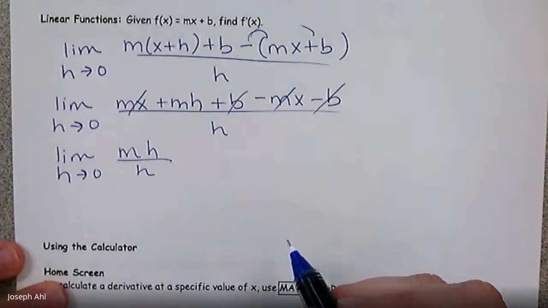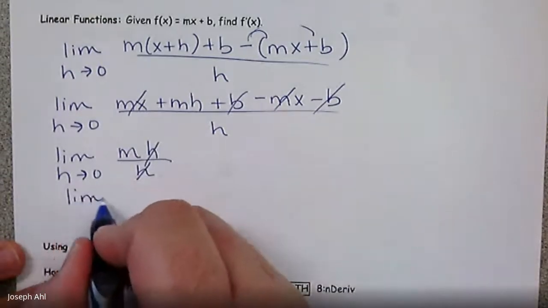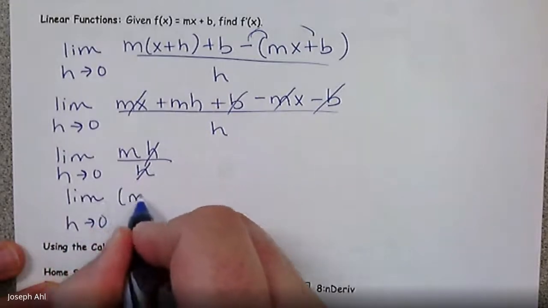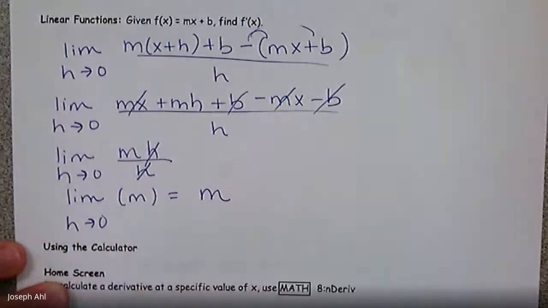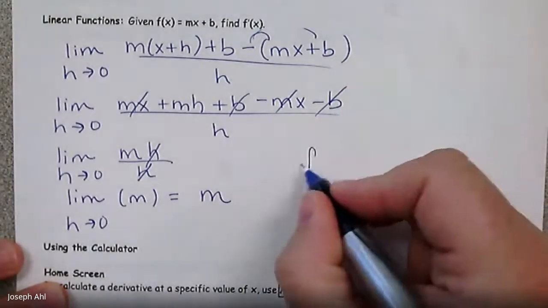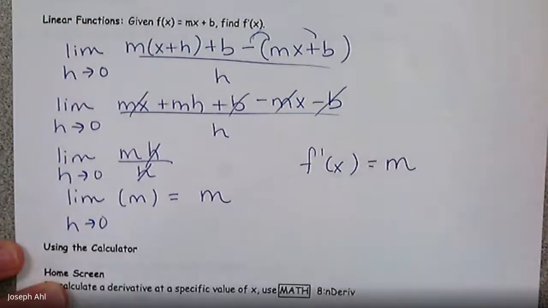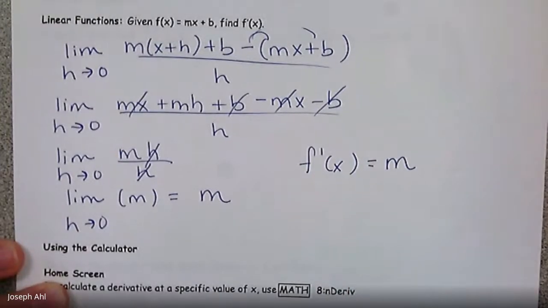Don't plug in 0 yet for h, right? Definitely cancel those h's top to bottom. Well, the limit as h goes to 0 of m is m. That's it. So what have we just proven here? That the derivative at any value of x for a linear function is equal to m, the slope of the line, which we saw pretty nicely graphically in the last piecewise function that we looked at.